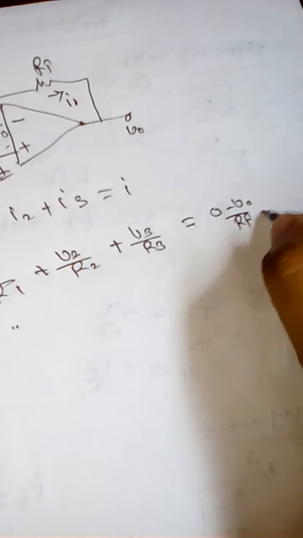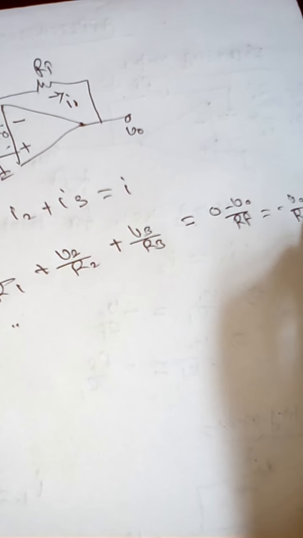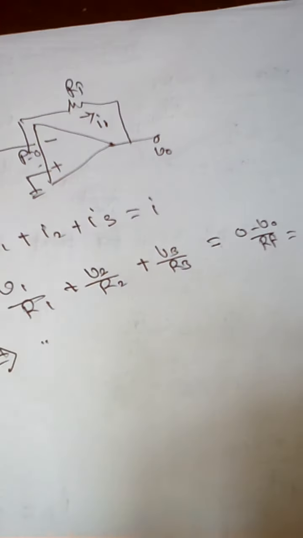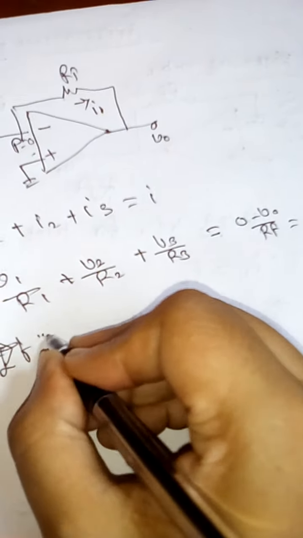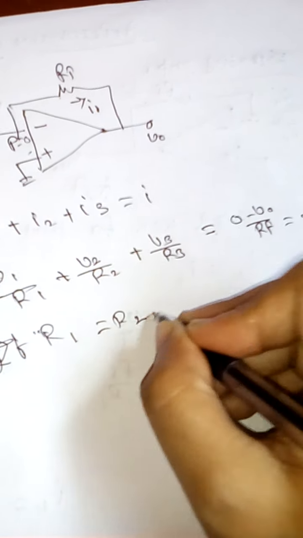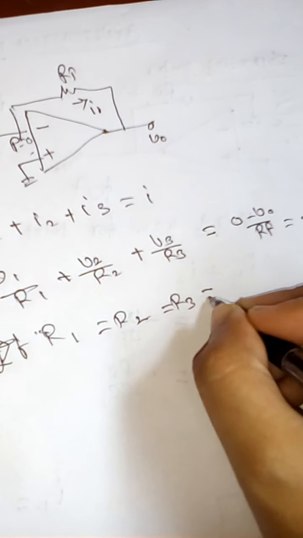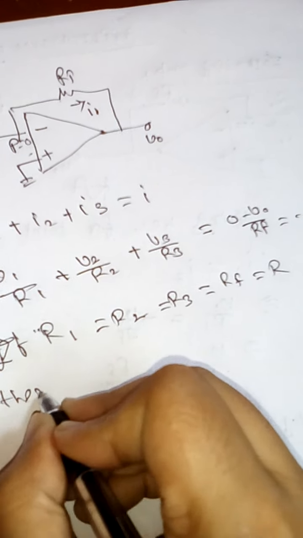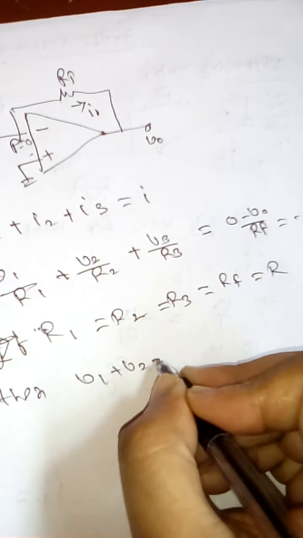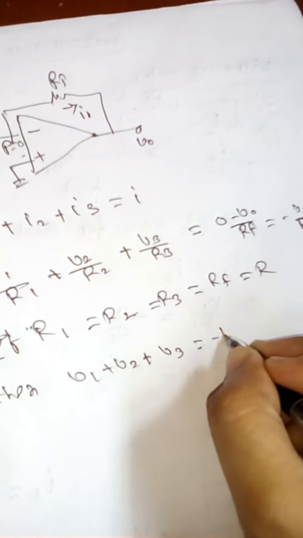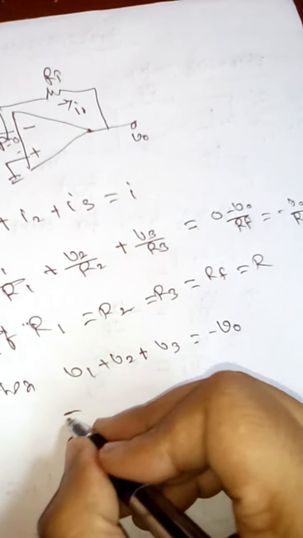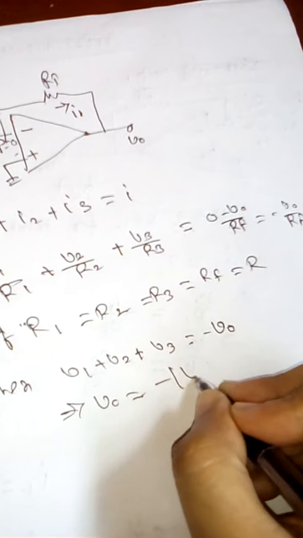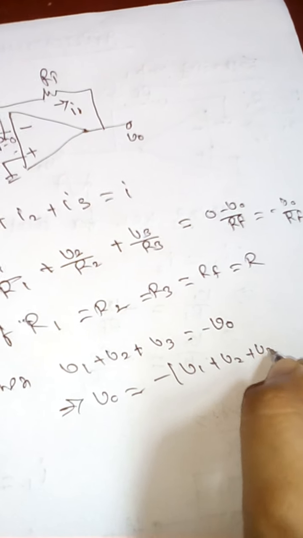If we take R1 equal to R2 equal to R3 equal to Rf equal to R, then V1 plus V2 plus V3 equals minus V0, or V0 we can write as minus (V1 plus V2 plus V3).